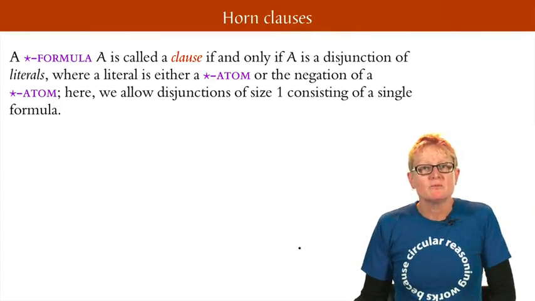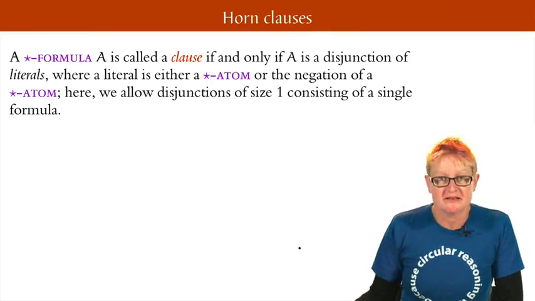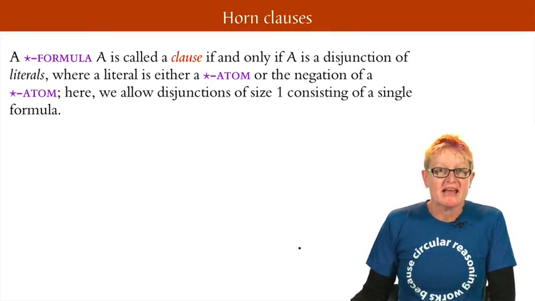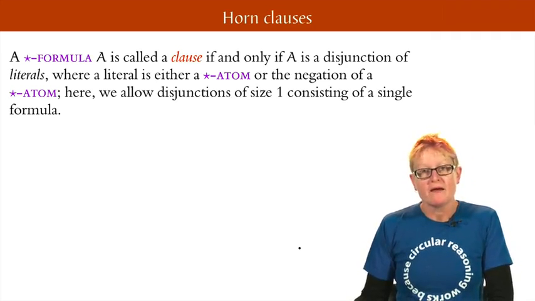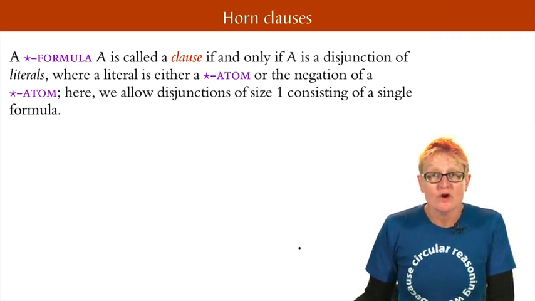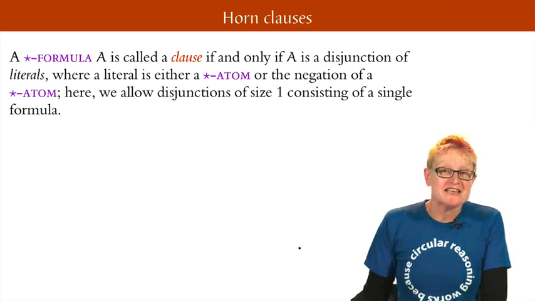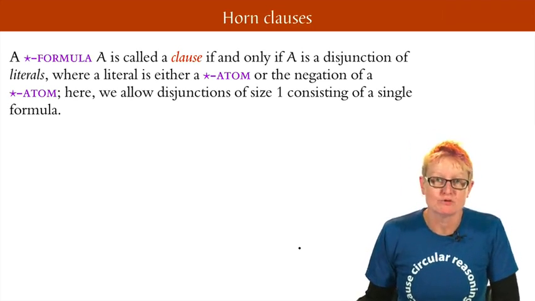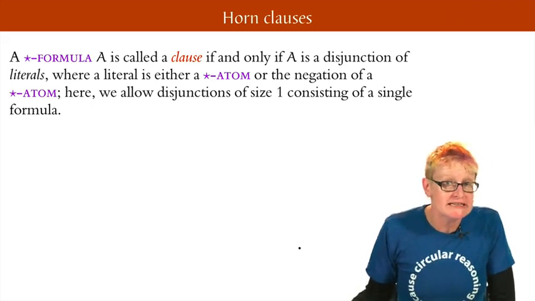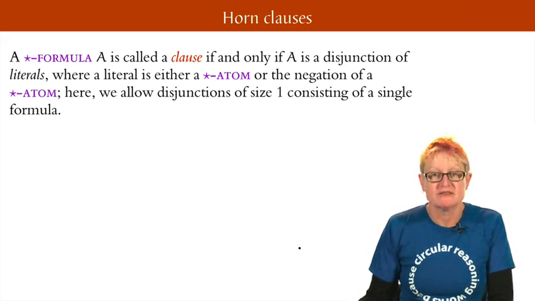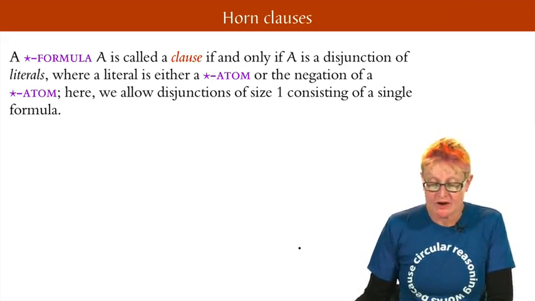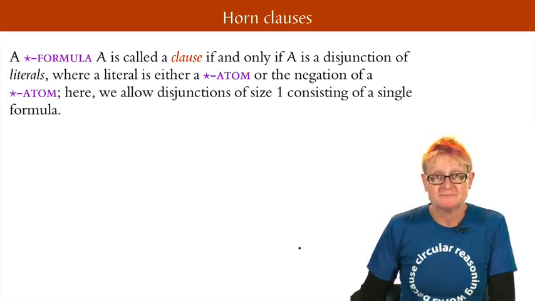Now, Prolog is associated with the horn clause fragment of predicate logic. First, we explain the clause bit. A star formula is called a clause when it is a disjunction of literals, where a literal is a star atom or the negation of a star atom, allowing size 1 disjunctions here.